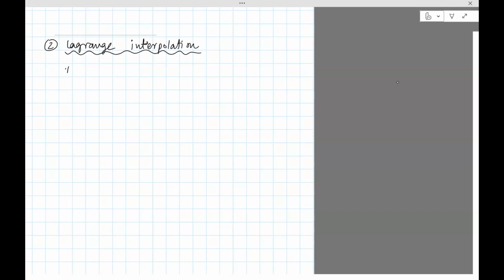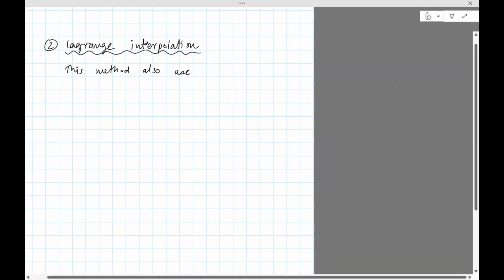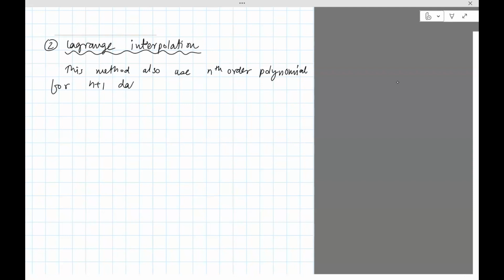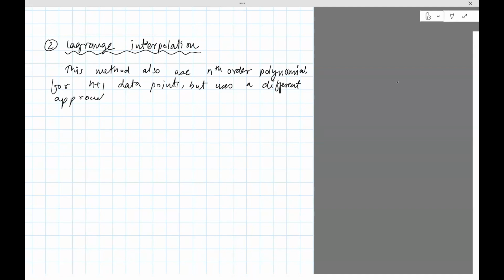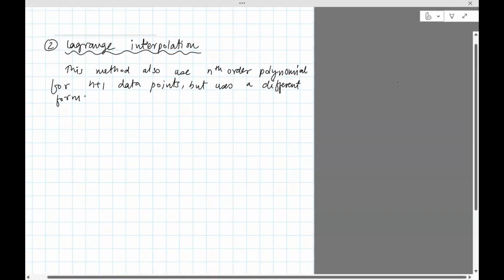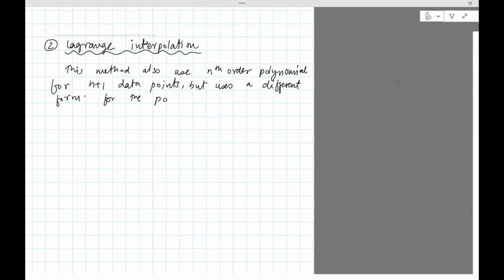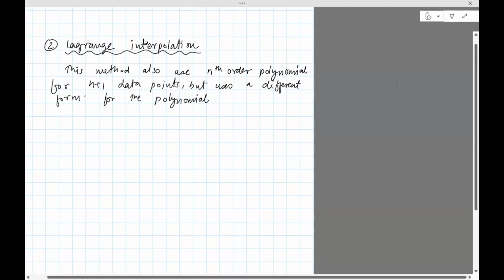This method also uses an nth order polynomial for n plus 1 data points, but uses a different approach, a different form for the polynomial.